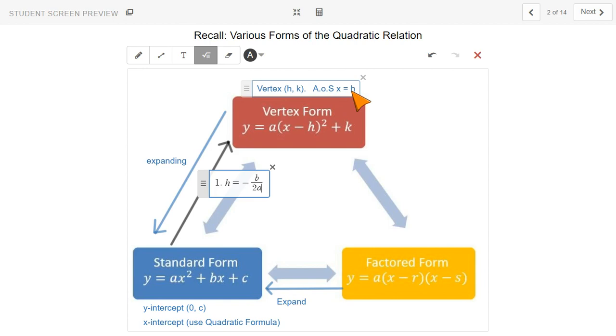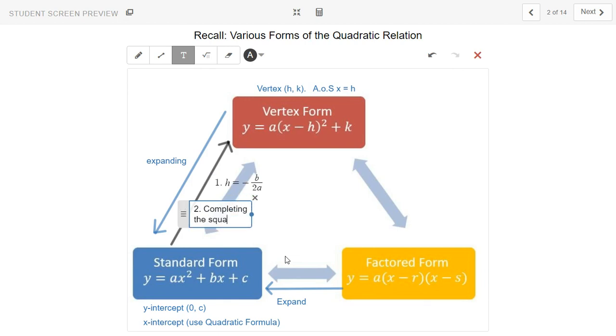And of course, once we have the axis of symmetry, we know that h is the same h in the x-coordinate of the vertex. A second way for us to go back to vertex form is to use the method of completing the square. So from standard form, we're also able to find the vertex by using one of these two methods.